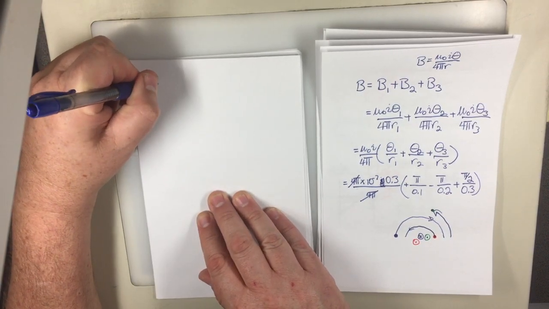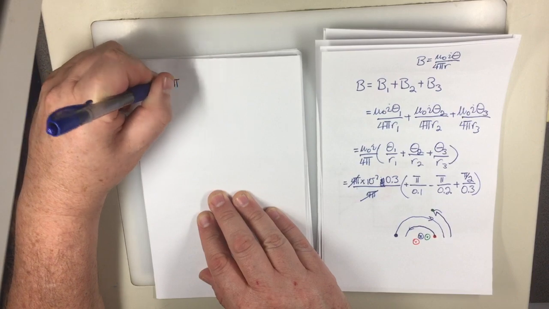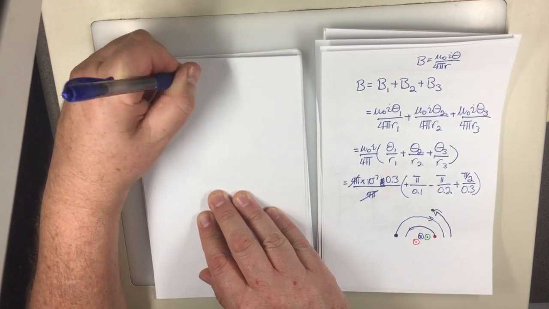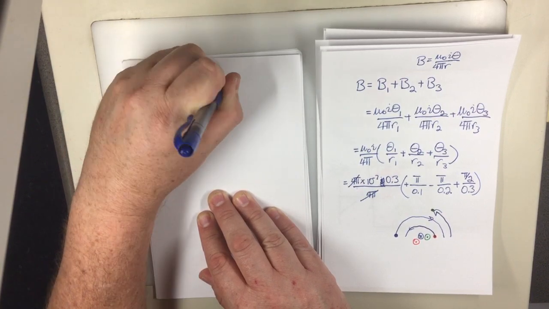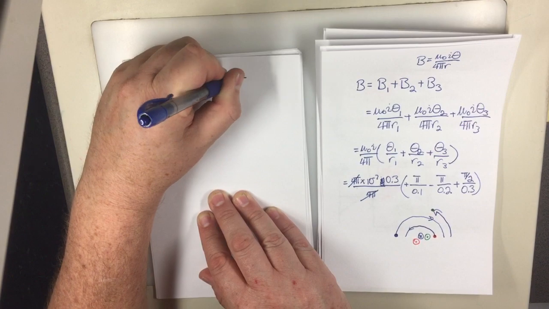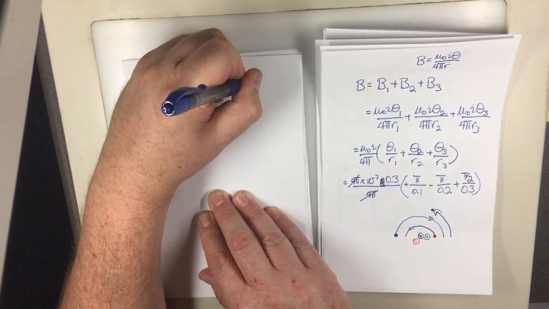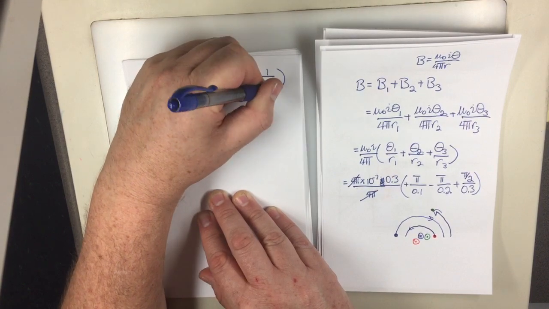This becomes 0.3 times pi times 10 to the negative 7, times 1 over 0.1 minus 1 over 0.2 plus 1 over 0.6.